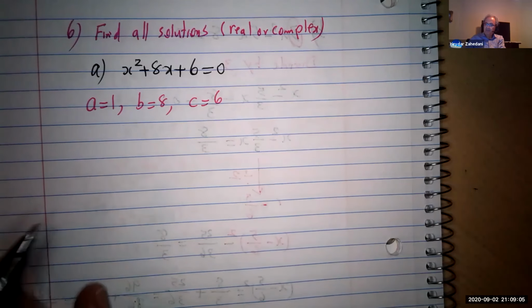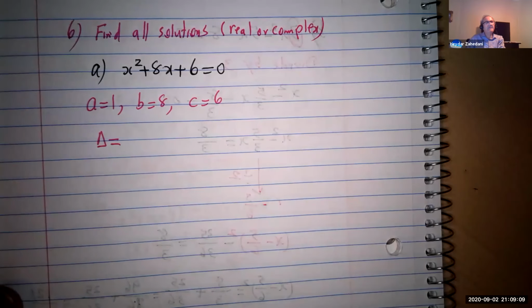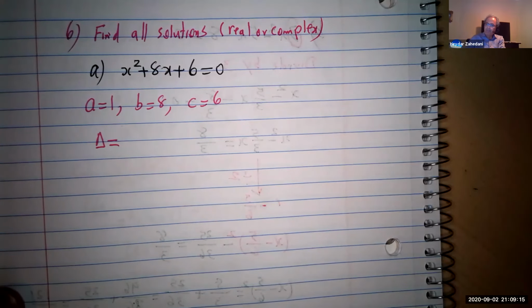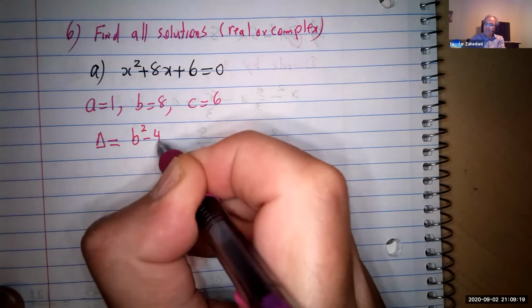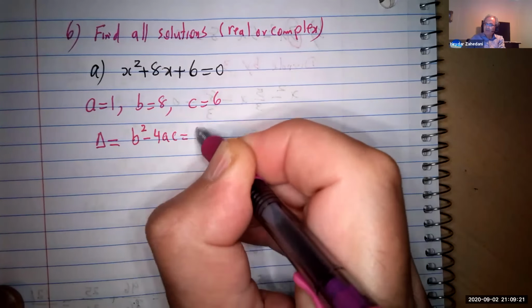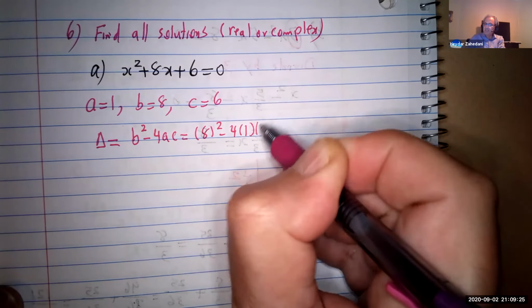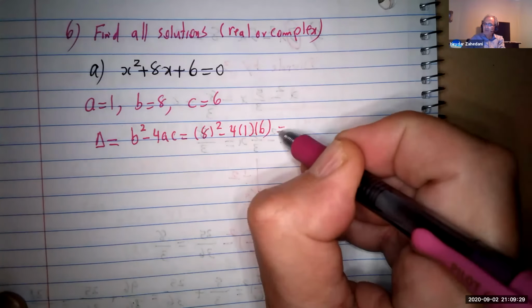Form delta. This is the way I do it. If you don't like the delta, you can do it right away, but you better do it, that gives you an easier formula. So that would be b squared minus 4ac. You substitute, it's going to be 8 squared minus 4 times 1 times 6. 8 squared would be 64.